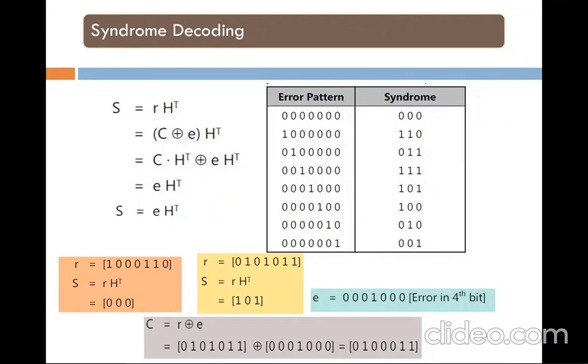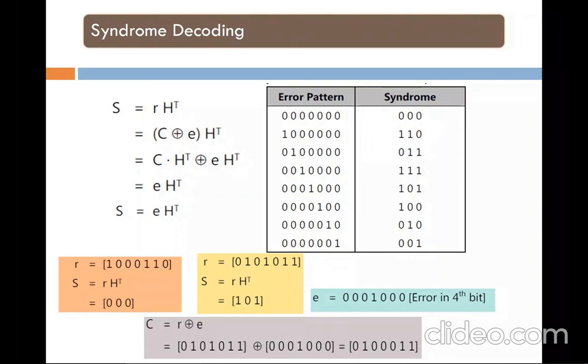In syndrome decoding, this method is for decoding of linear block codes. Decoding means what? What are we doing in decoding? In decoding, we are trying to check whether the received code word has any errors. If there are no errors, then there is no question of correcting them.